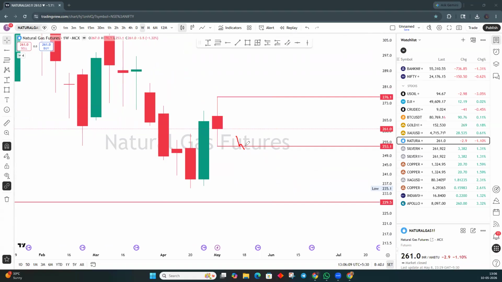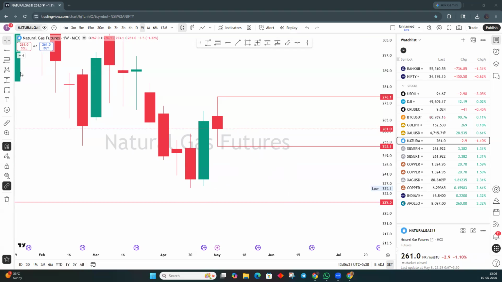If the low breaks, meaning 253 breaks downside, you might see more downside. This swing low can be taken as the stop loss. Those who have put the stop losses of the buyers here, the market will try again to take those stop losses.